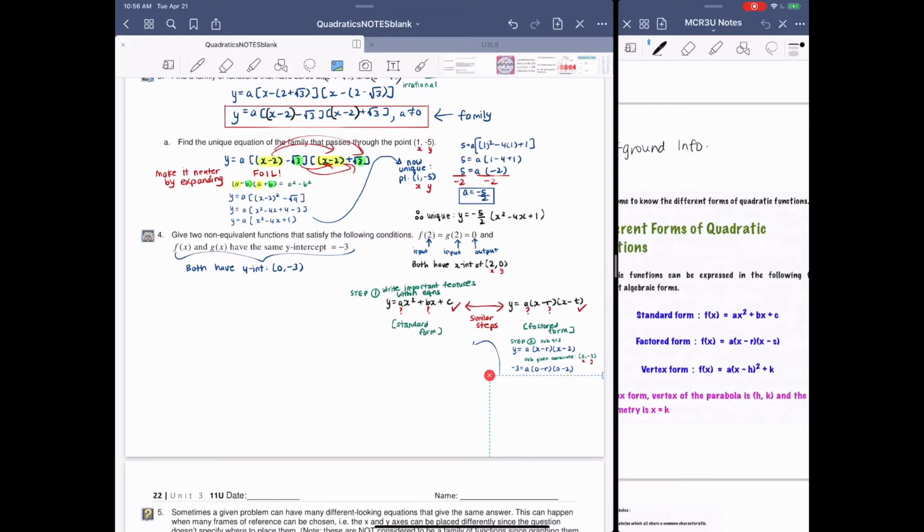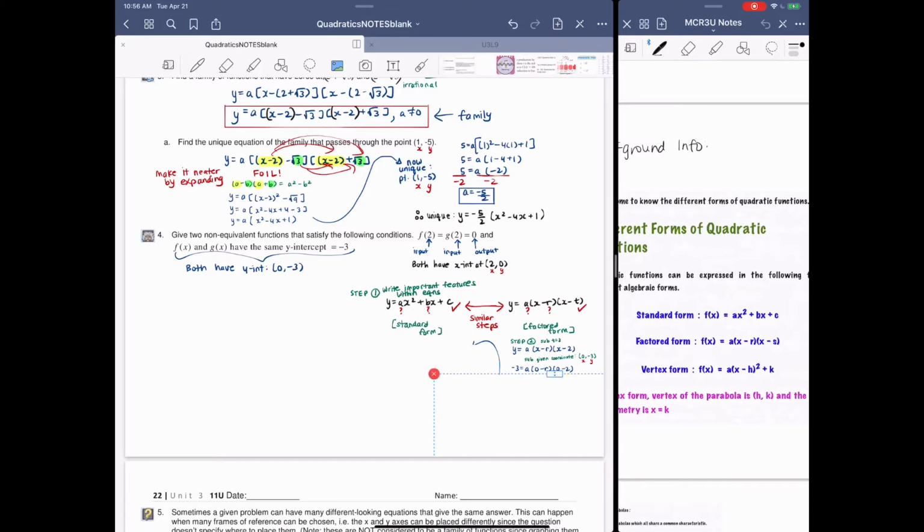Let's simplify that. So let's plug that coordinate in, 0 comma negative 3, and we get negative 3 equals a bracket 0 minus r and 0 minus 2, which should simplify.